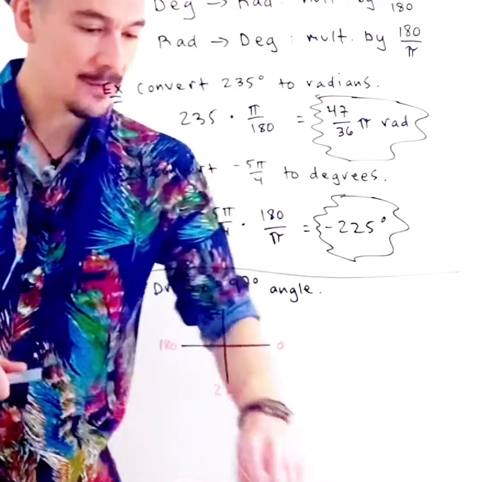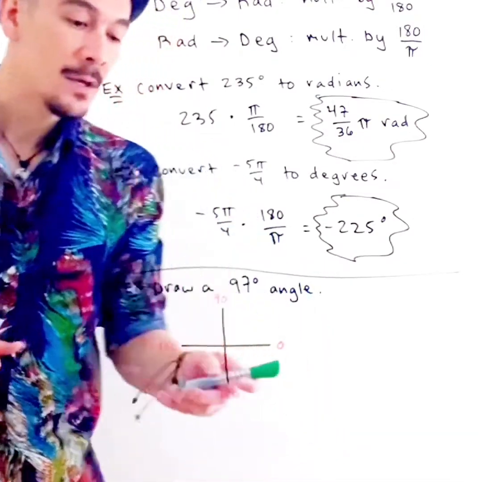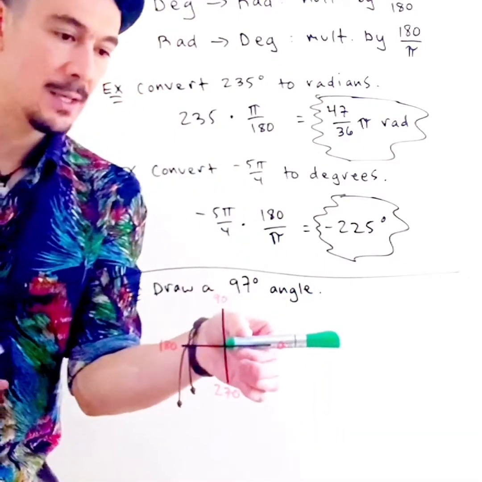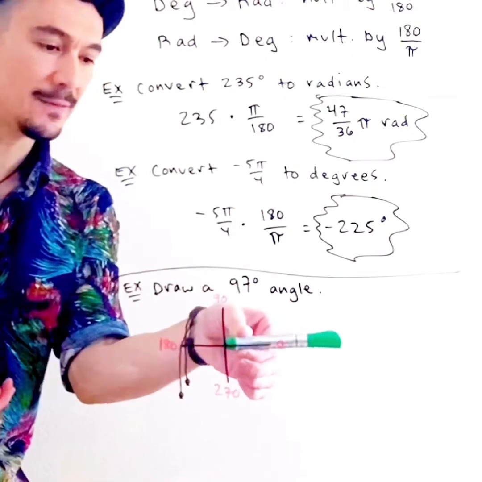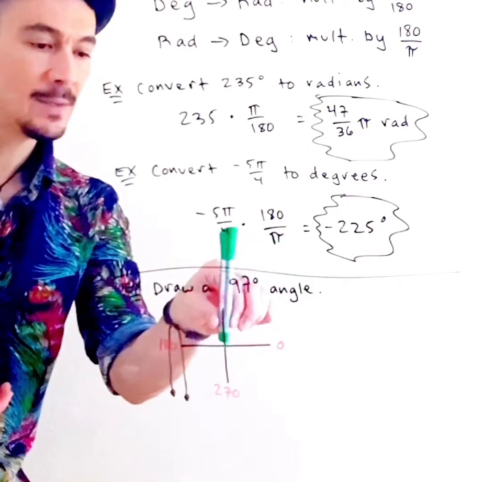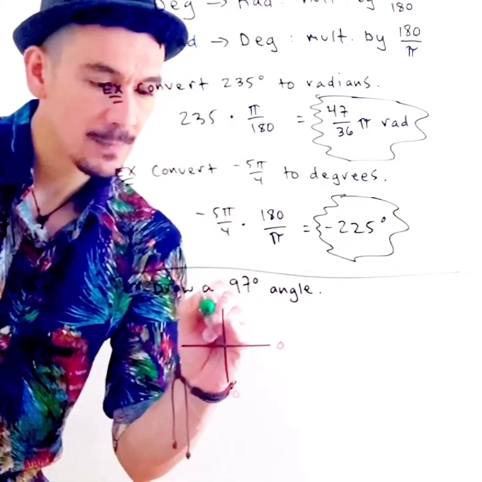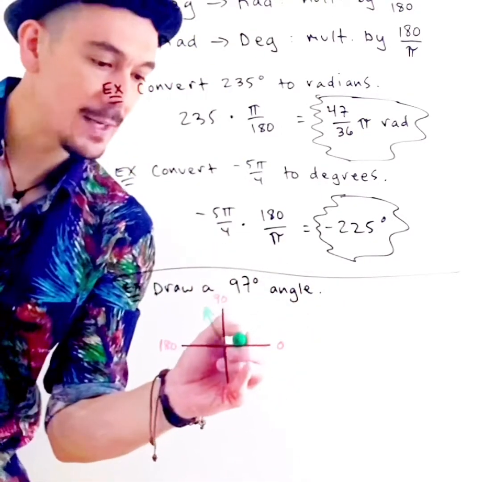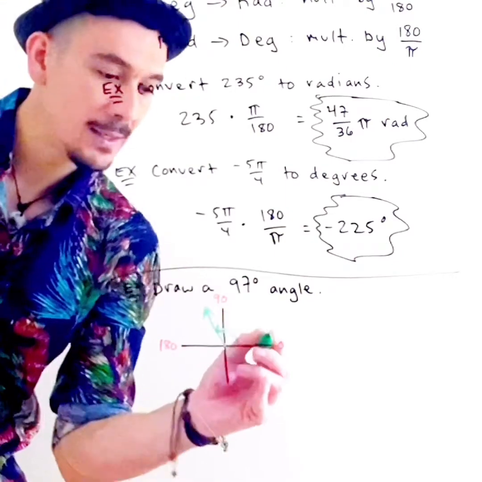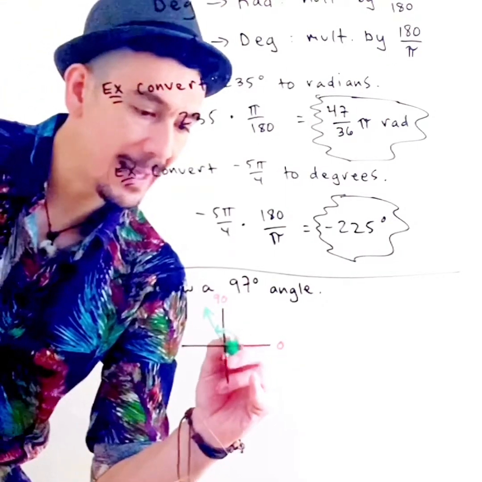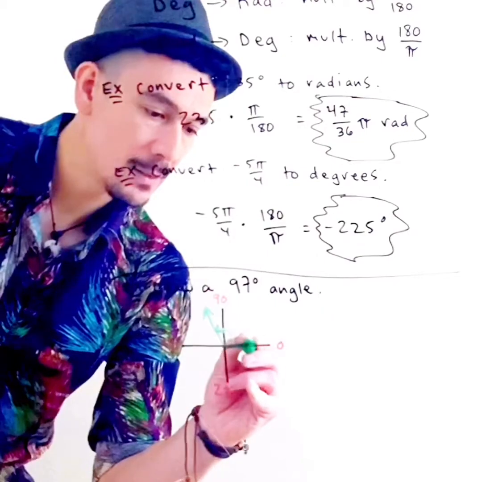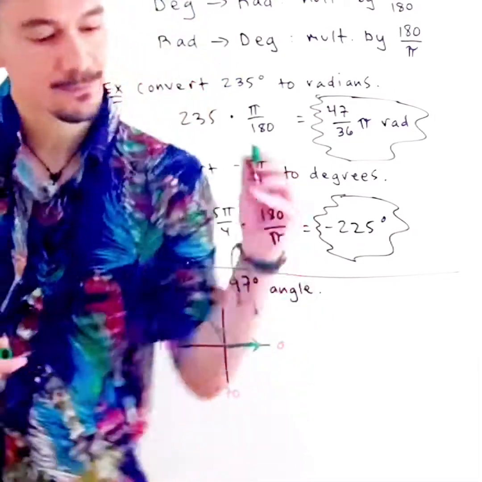So let me use a different color here. Let me use green. I always start in this position. Now, since the 97 is positive, I move this way, 97 degrees. Roughly, more or less, it'll take me right there. And this is what I do. I draw something like this. And then I highlight the original side.